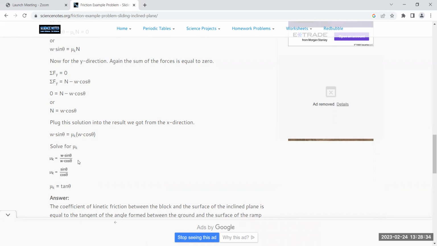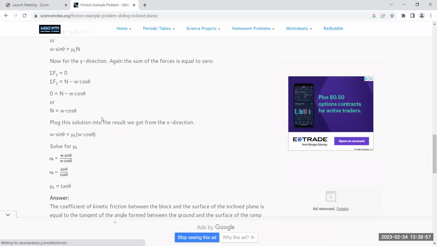Let's say that somewhere along the line, you decided to plug in mg for your weight. That's perfectly fine. I will leave that as an exercise for you to go back and work that, putting mg in there. What you're going to find is all the m's and the g's are going to cancel anyway.